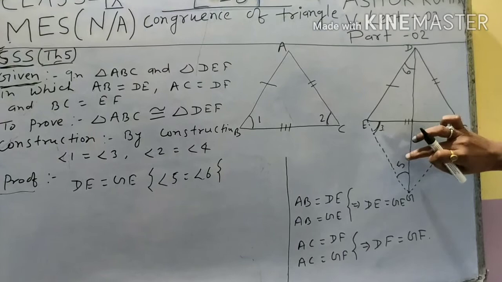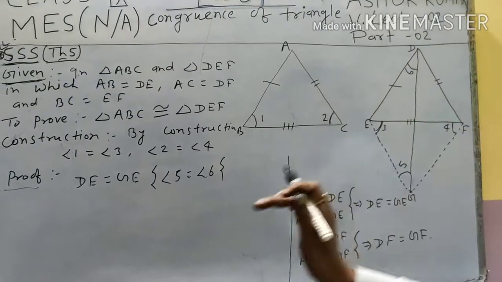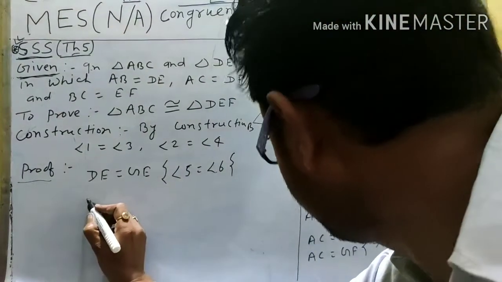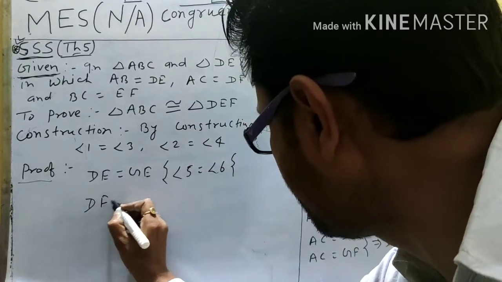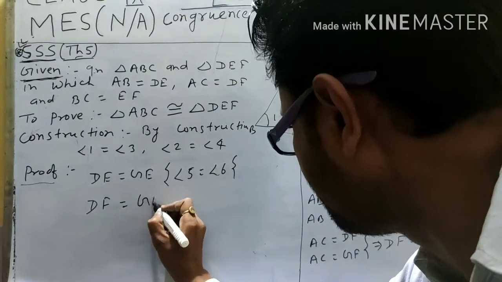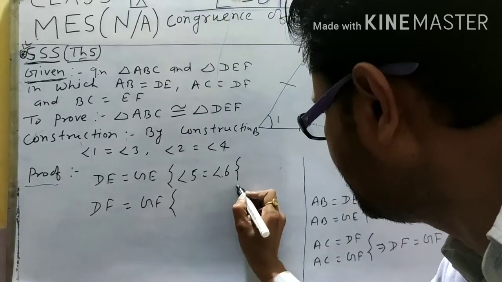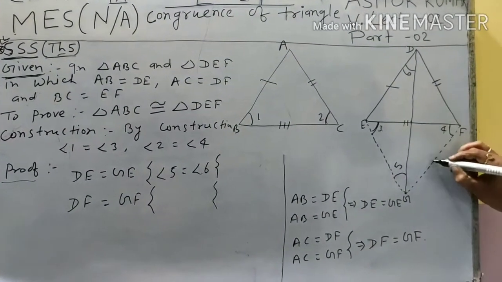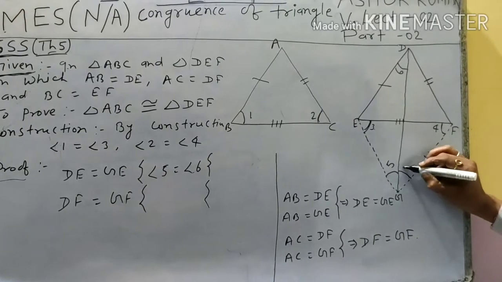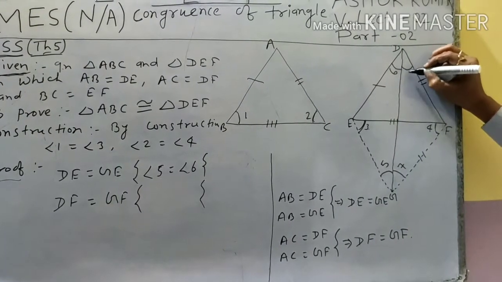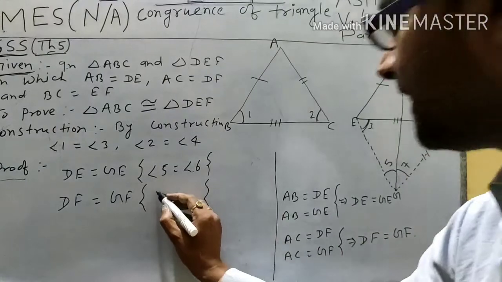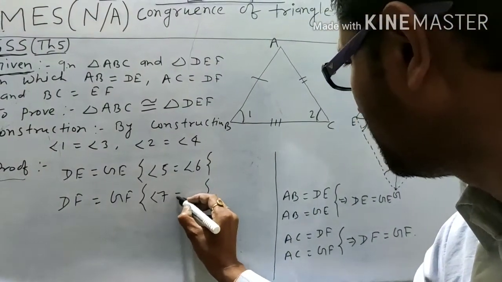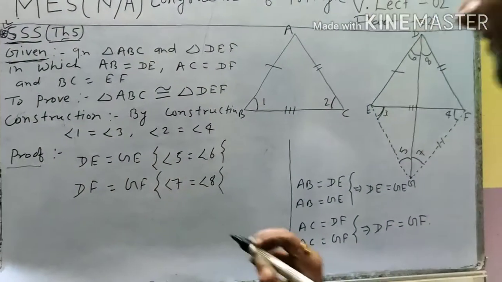Again second case student, DF is equal to GF. Again same logic, if these two sides are equal, then the corresponding angles are equal. Suppose this angle is 7, this angle is 8. So we can write here angle 7 is equal to angle 8.